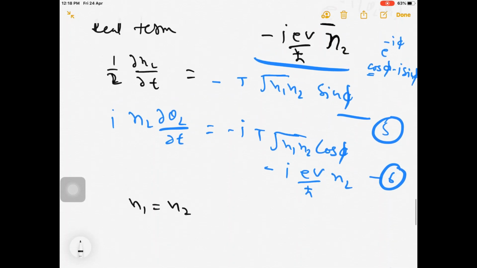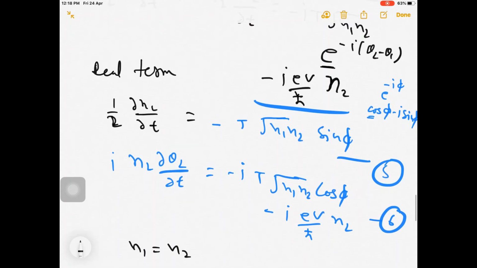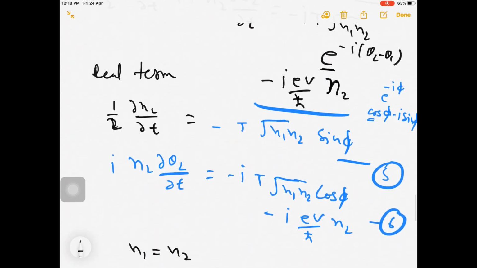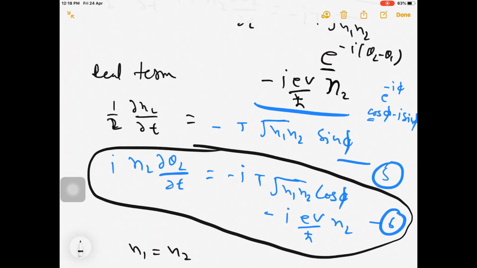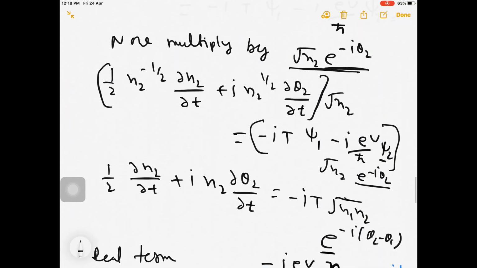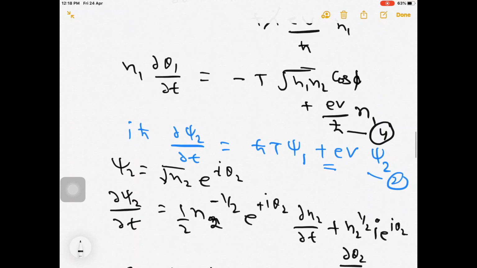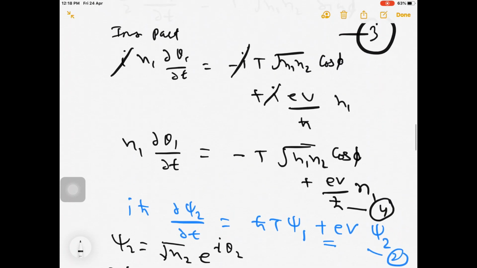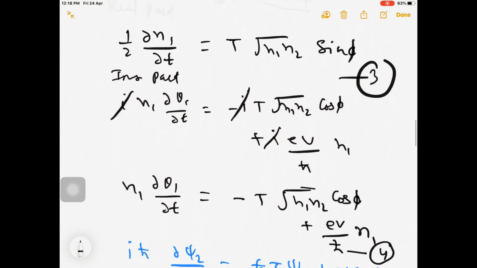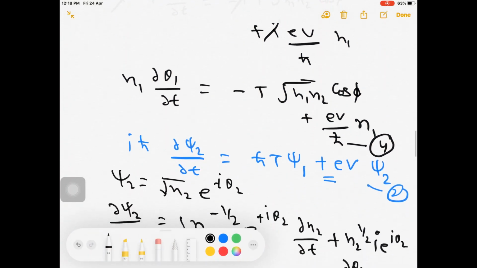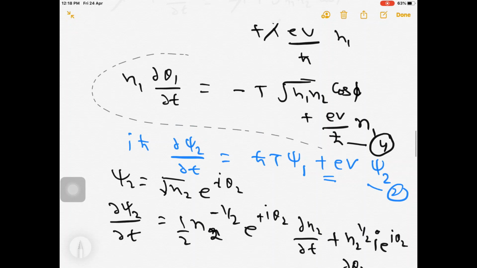Now further we can assume for simplicity that both superconductors are identical, so n1 and n2 are the same. In this situation you can observe from equation 6 and from equation 4, let me copy it from here.